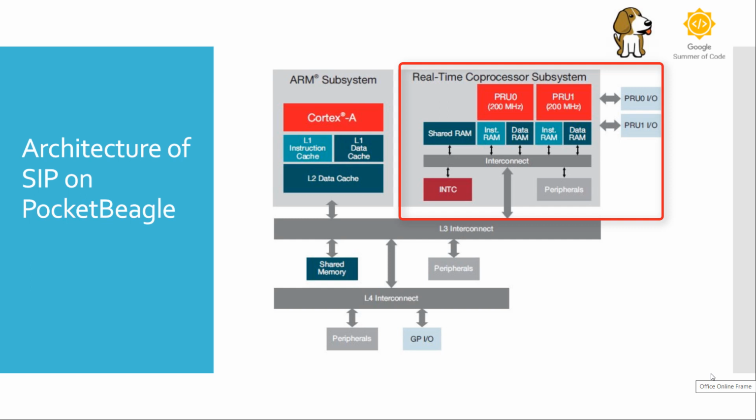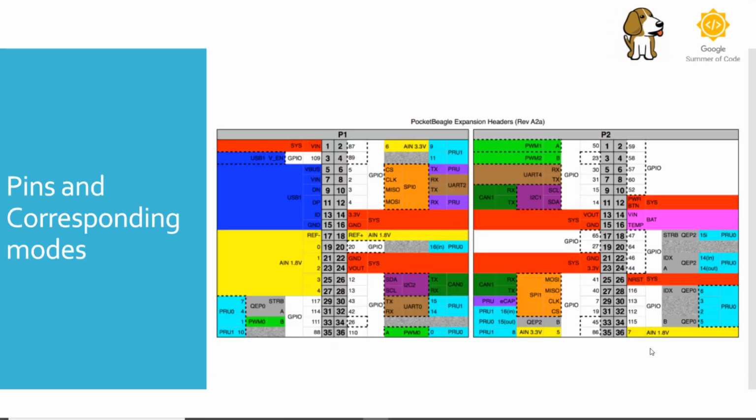PRUs are basically microcontrollers, each of 32 bits and can operate up to 200 megahertz. Unlike the main processor, which runs a Linux operating system, these PRUs are free from the overheads introduced due to the OS and hence are suitable for real-time operations.